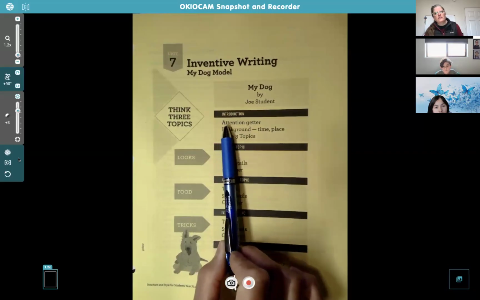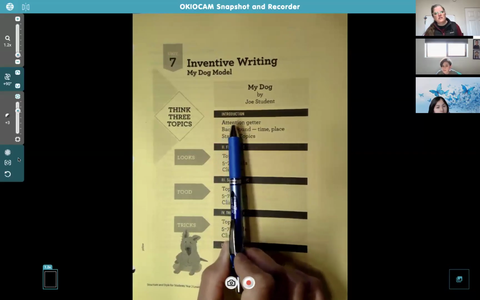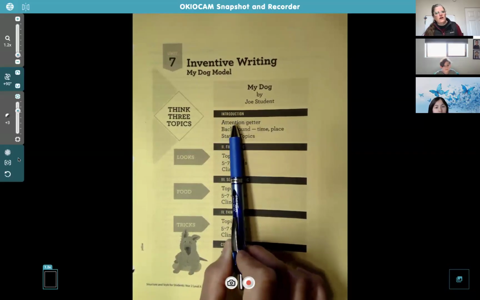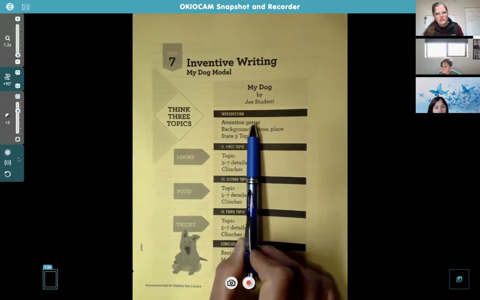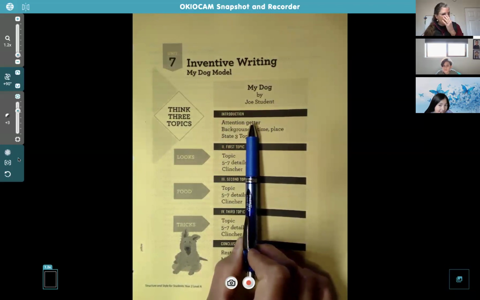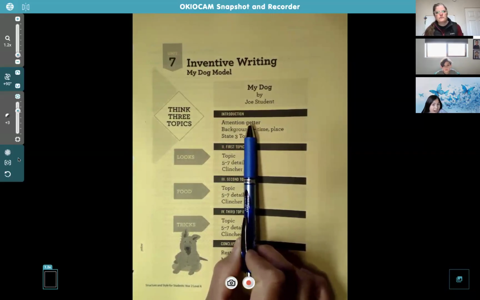And in the introduction, you're going to have an attention getter. An attention getter is your very first sentence that draws attention from the reader. So you want the reader to see that sentence and think, I want to know more. I want to keep reading. I want to see what this country's about.